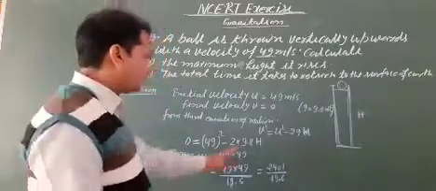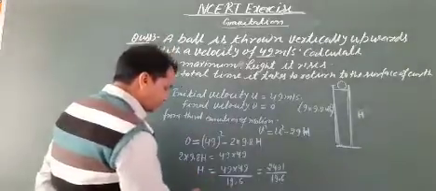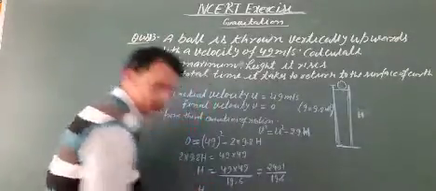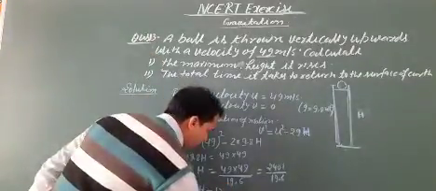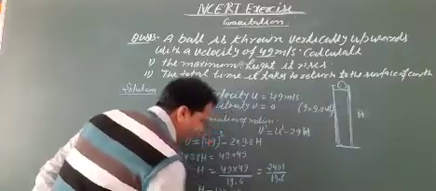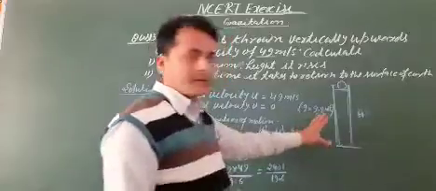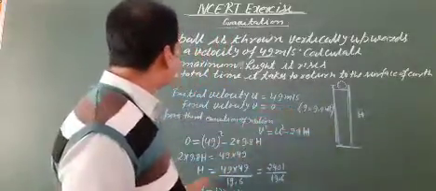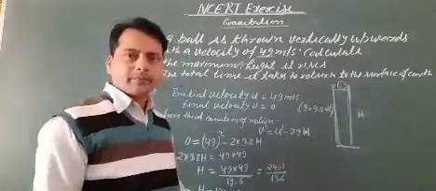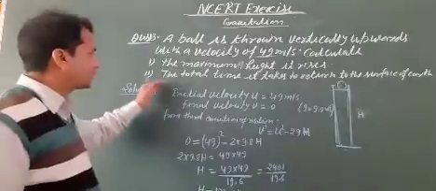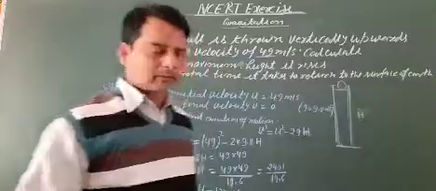Then the value of h equals 122.5 meter. So it is clear that the maximum height the ball rises is 122.5 meter. Now the second question, the total time it takes to return to the surface of the earth.